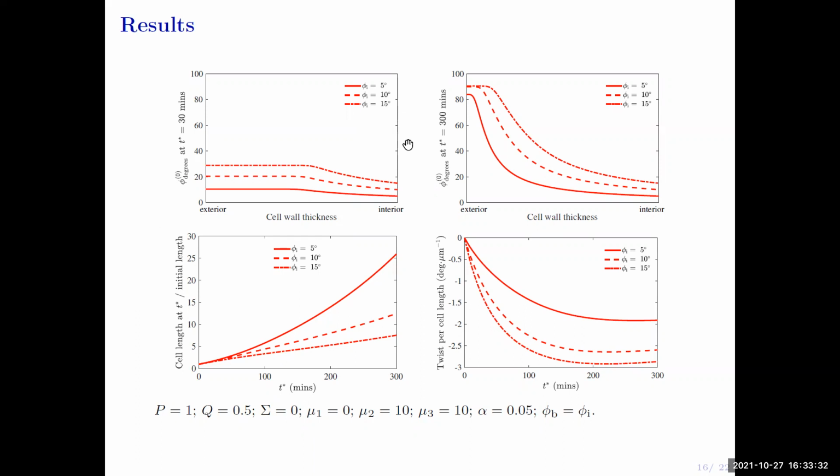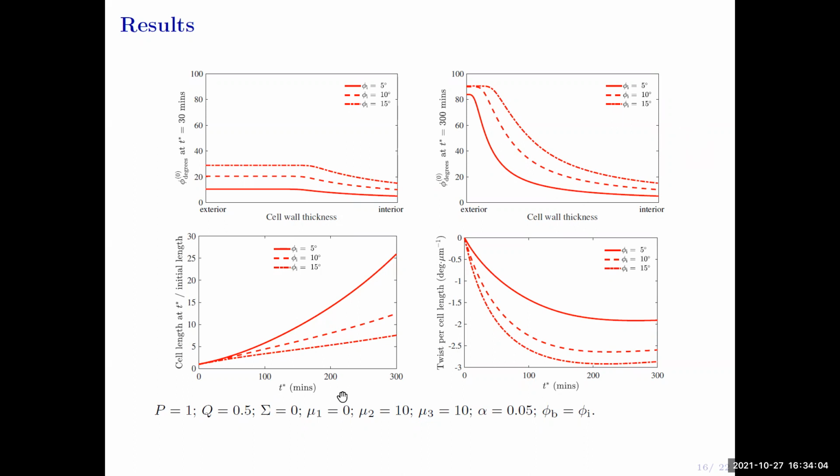Now, what's interesting is that if the initial fibers had been, say, 5 degrees, then they reorient more slowly, as you can see by comparing the two relevant lines, for example here, or here. So if the initial fibers had been 10 or 15 degrees, they pretty much settle into their steady state within a few hours. But it takes much longer if the initial fibers were closest to transverse.